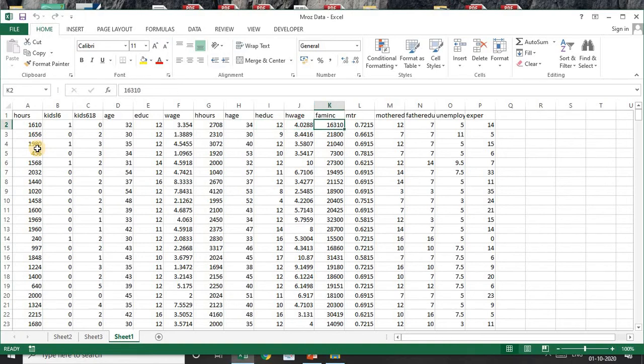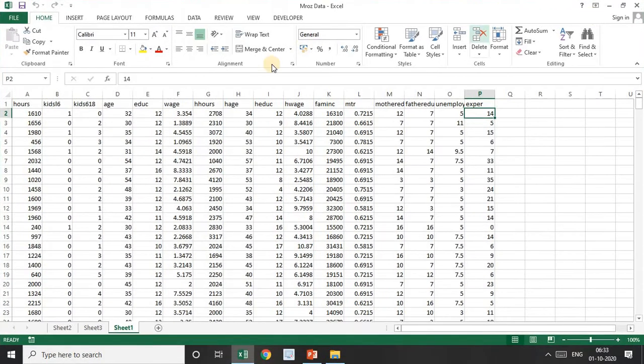Then family income was 16 point something, the marginal tax was 0.72, mother's education was 12 years, father's education was 7 years, unemployment in the country was 5, and experience was 14 years. So this is the data he collected.